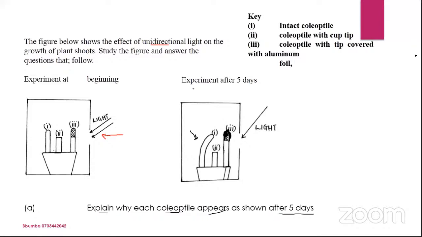Coleoptile 1 appears bent because of the presence of auxins, and light energy moved towards it and caused it to bend towards light so as to cover the auxins. So it bent towards light so as to cover the auxins.